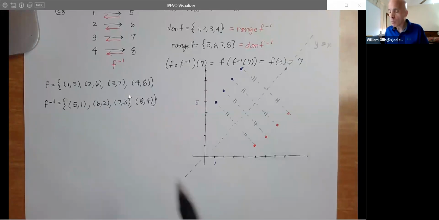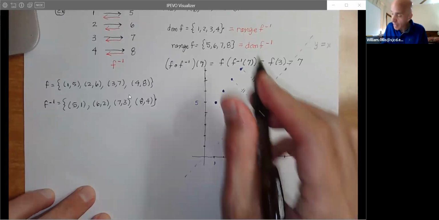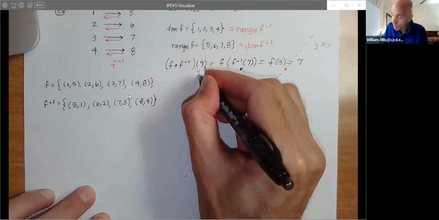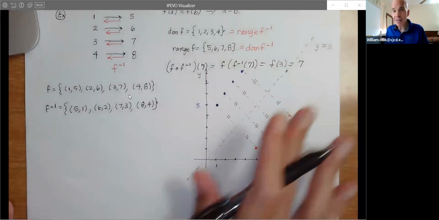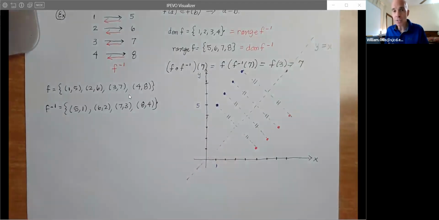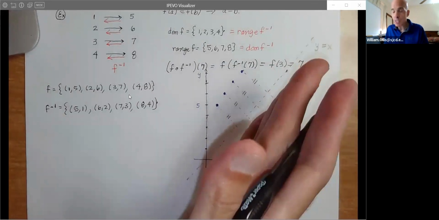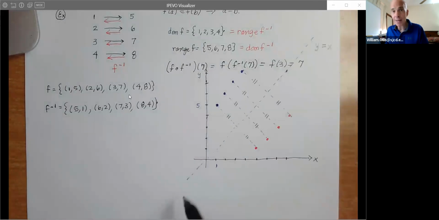So what we want to do is utilize the fact that we think of the first coordinate as being x and the second coordinate as being y. So in the very simplest case, this kind of characterizes everything that we need to know about inverse functions in the discrete case. We get this nice mirror image between the graph of f and f inverse in the line y equal x.